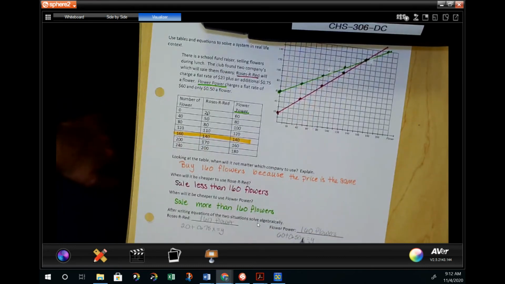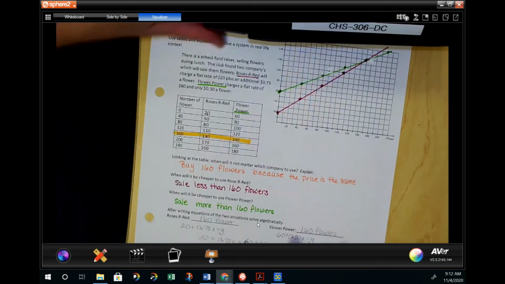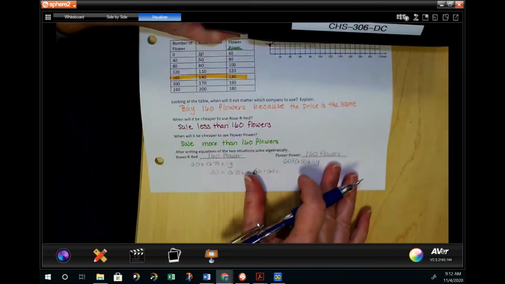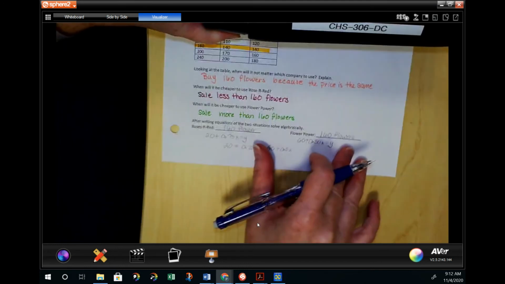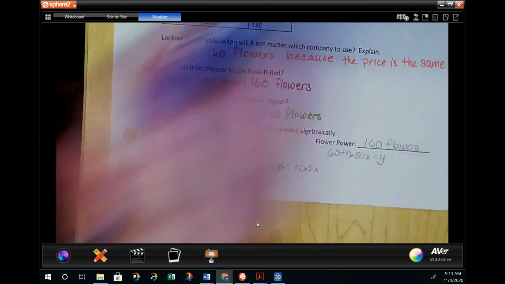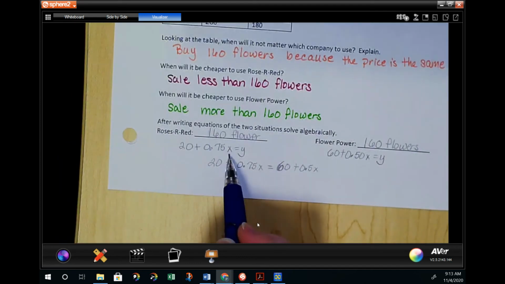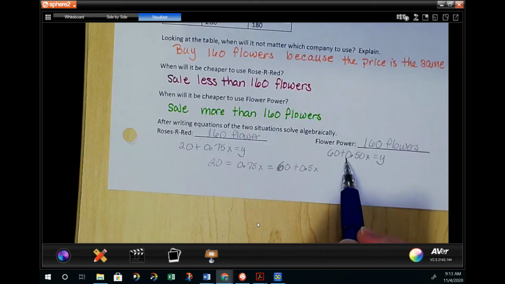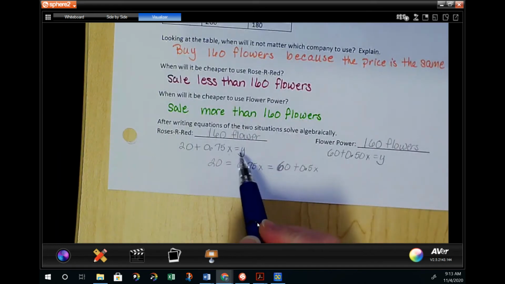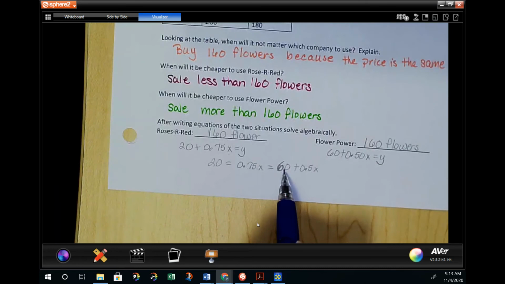And so when they're asking you to do this, you're going to have 20 plus 0.75x equals 60 plus 0.5x. I should probably make it so you can actually see. This is your Roses Are Red equation, this is your Flower Power equation, and since they're both equal to y, you set them equal to each other.